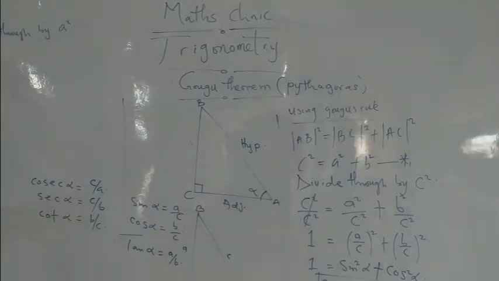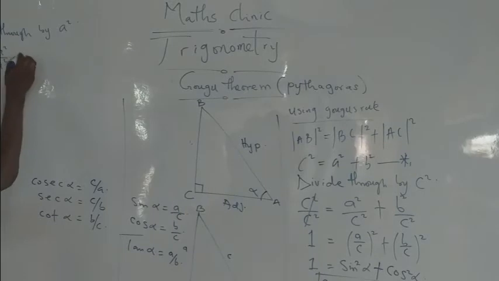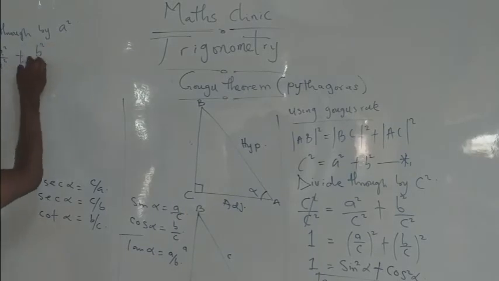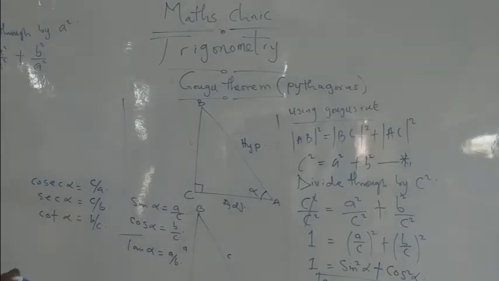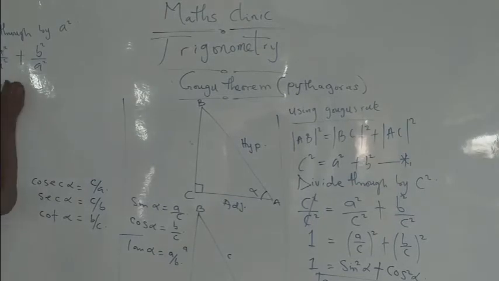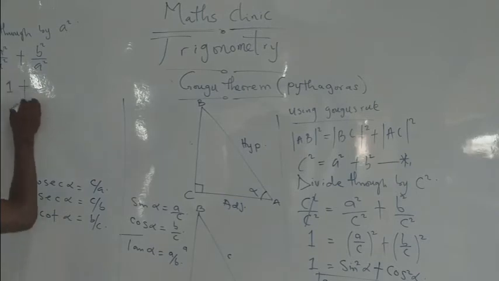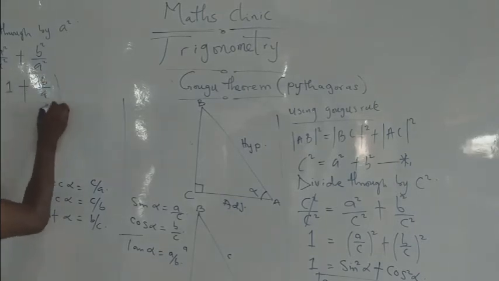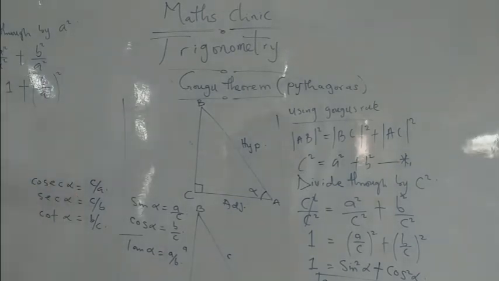So we have C squared divided by A squared equals A squared divided by A squared plus B squared divided by A squared. They have to have the same denominator. This gives us C over A all squared equals 1 plus B over A, everything raised to power 2.